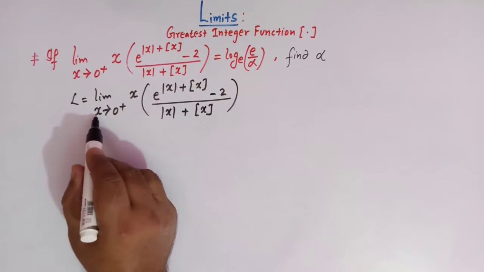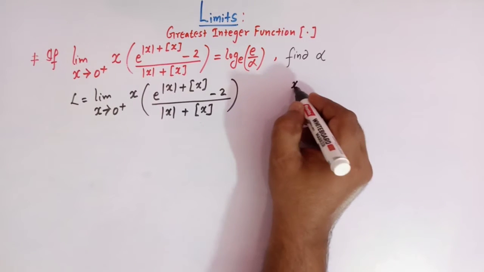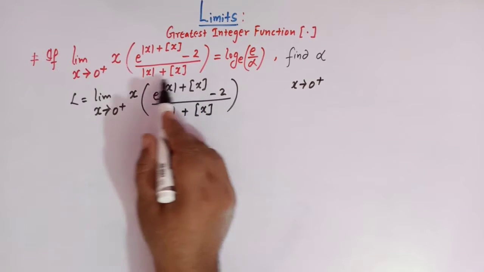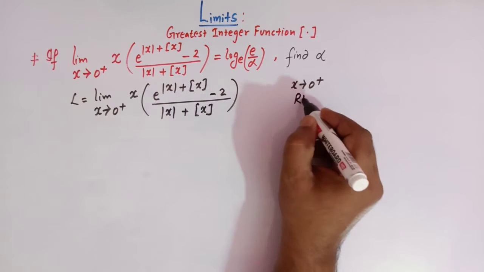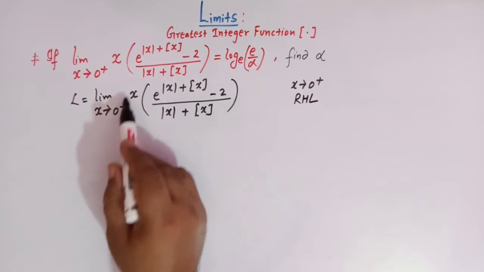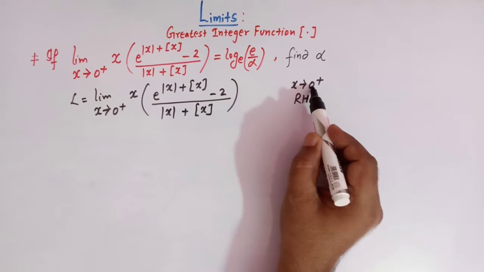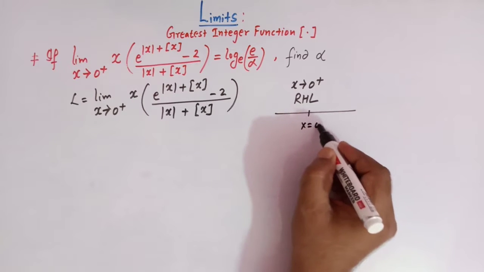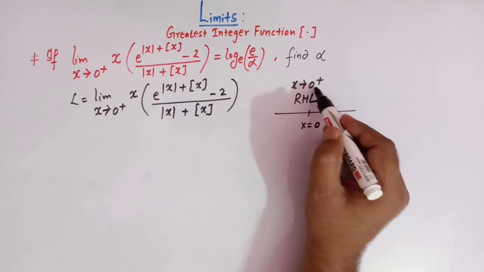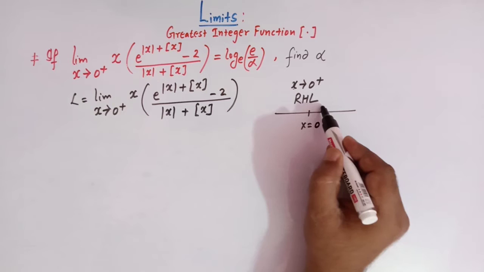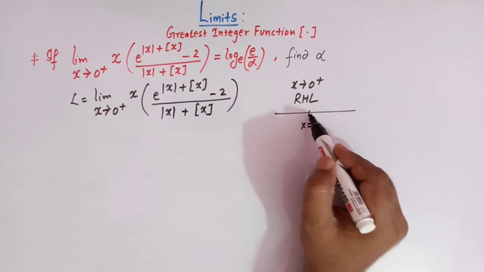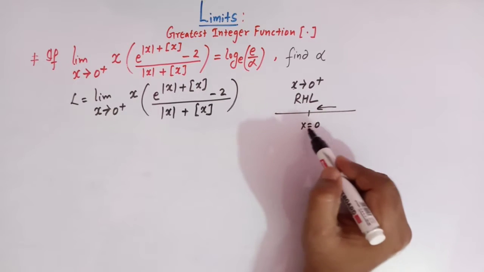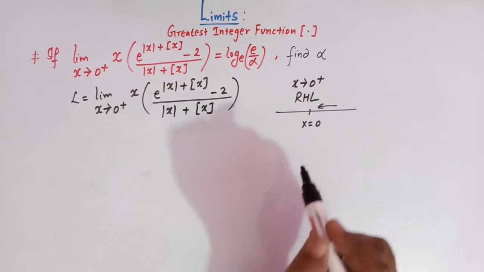Now the notation x tends to 0 positive implies that we are finding the right hand limit of this function when x approaches 0, because x tends to 0 positive means the value of x is approaching 0 from the right of x equal to 0.